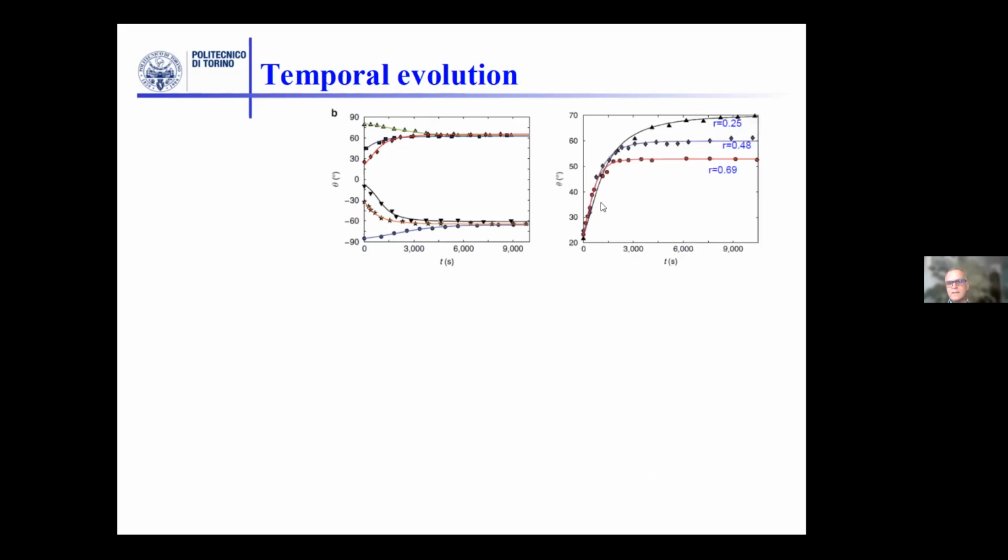And this instead is what happens when you start more or less with an angle that is close to 20 degrees, and because R changes, you go toward different equilibria. And for those cells, the equilibrium is reached after some, say, half an hour or 1 hour. This is the order of magnitude in this aspect.